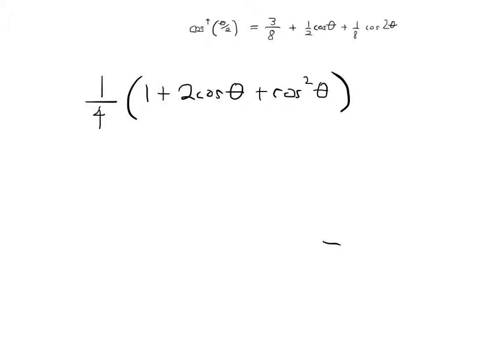So it was 1/4 of 1 plus 2 cosine theta plus cosine squared theta, because we said that this was the square root of whatever squared. Cosine squared theta is itself 1 plus cosine 2 theta over 2.